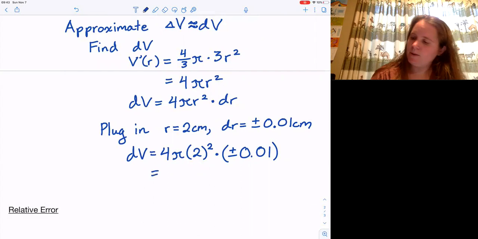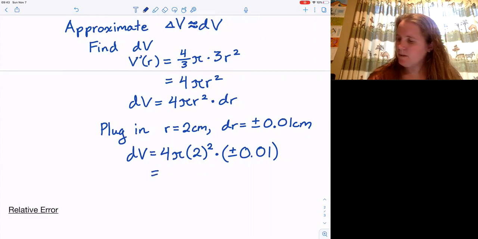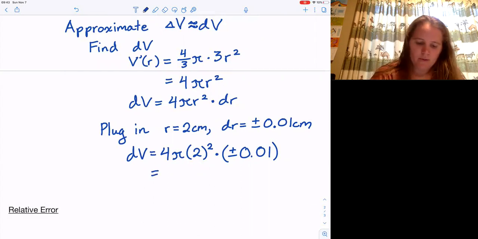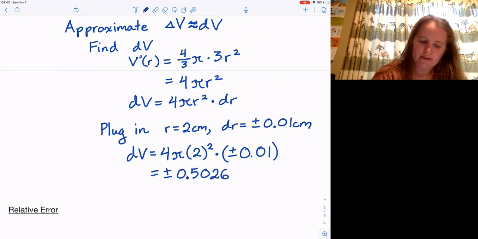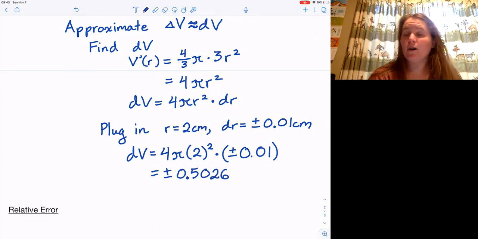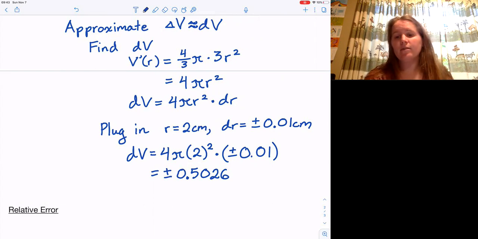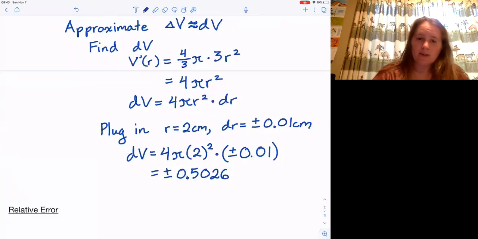And we wind up getting plus or minus 0.5026. And so the error in volume is approximately 0.5026 cubic centimeters.